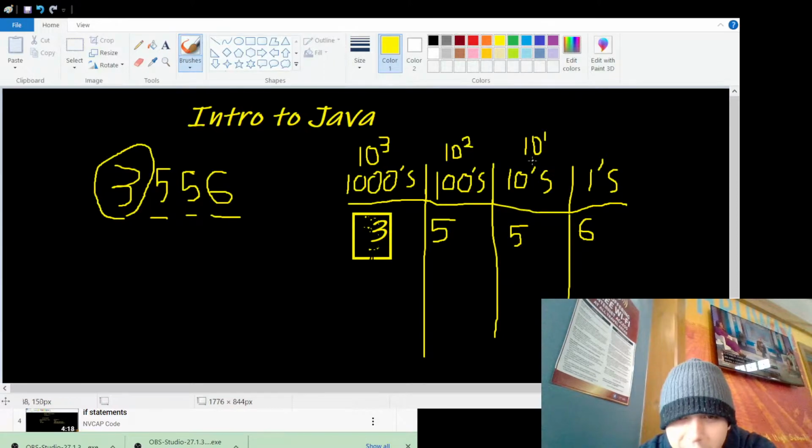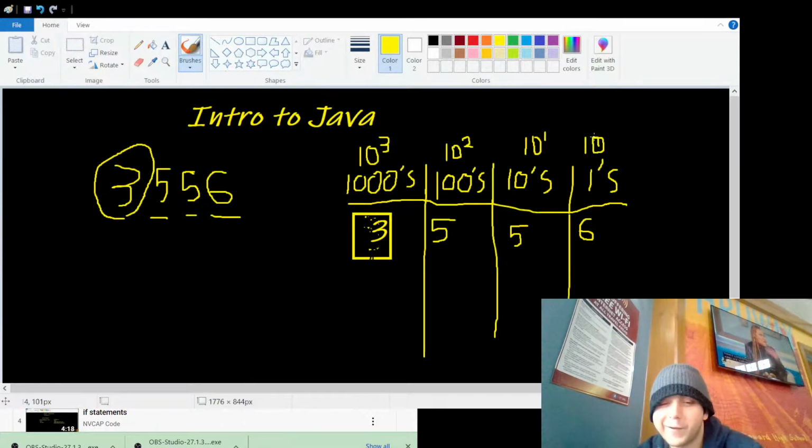10 to the 1, just 10 by itself, is 10. And what is a 1? It's hard to think about 1 being represented as an exponent of 10, because it's less than 10.